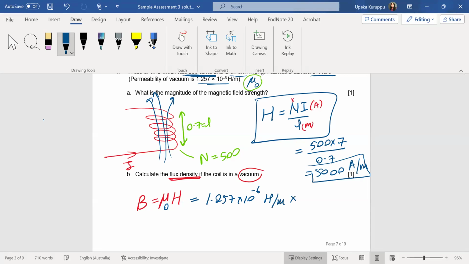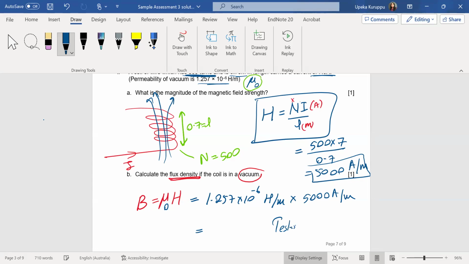And you multiply this by 5,000. So for your answer, you can keep all these units or you can put them as Teslas.